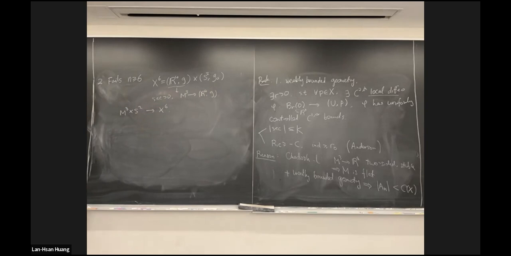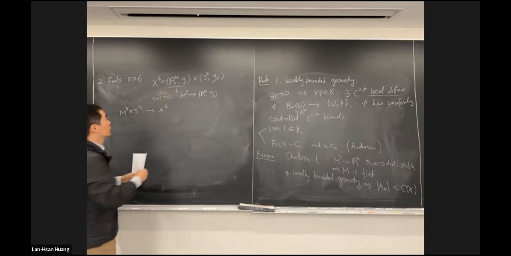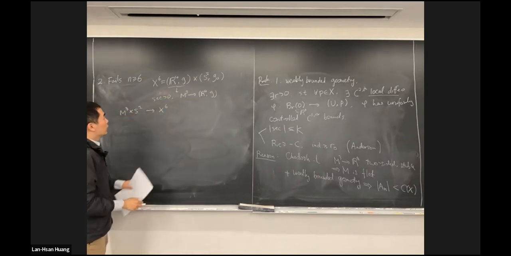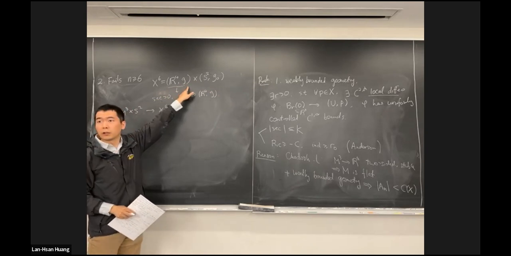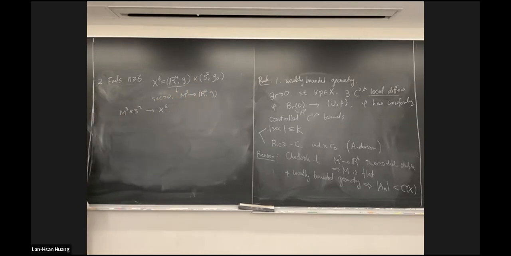But you see, this manifold, first of all, has non-negative sectional curvature, because we have a product of two such manifolds. And it also has strictly positive scalar curvature, because we're taking the Cartesian product with some S^2.